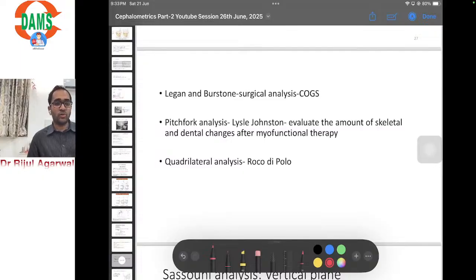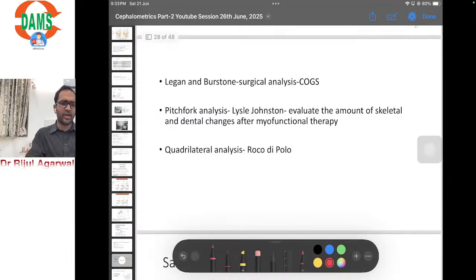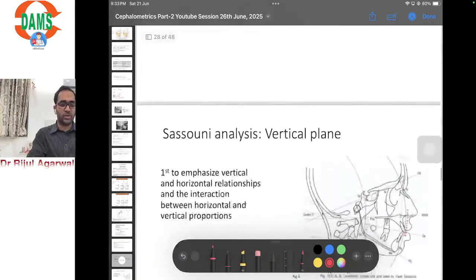It is used to evaluate the amount of skeletal and dental changes after myofunctional therapy. And lastly, the third is the quadrilateral analysis. It was given by Rocco di Paolo. So these are the names of these analyses. Just remember the name, not how it's done. If some of you pursue a post graduation in orthodontics, these will become very important, because you would have to do it, I think, every day for your cases.